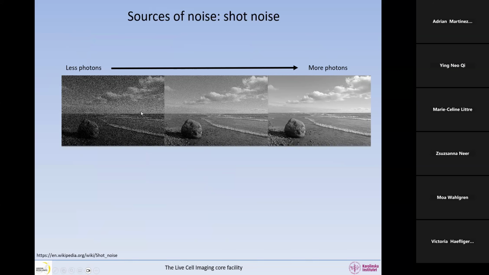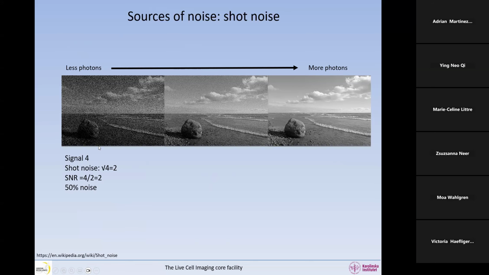The image is very noisy, very grainy. We can see that. So we don't need to have a little time lapse here to see the noise. It's so strong that we see it straight away. In this image, it's a little bit less obvious, but there's more photons coming to the camera and we have a better definition. In this one, we have a lot of photons coming to the camera and we have a super definition.